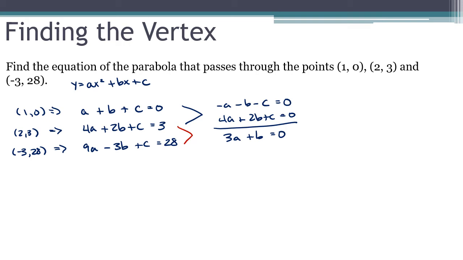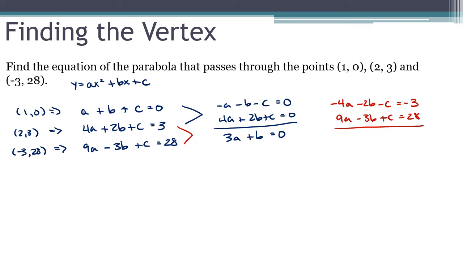Right, I'm going to do this over to the side here. I'll multiply the first one by negative 1, so I'll have negative 4a minus 2b minus c equals minus 3. And the other one, 9a minus 3b plus c equals 28, stays the same.